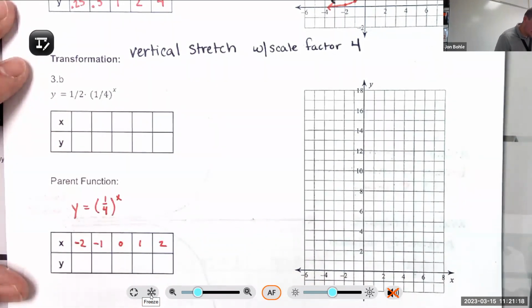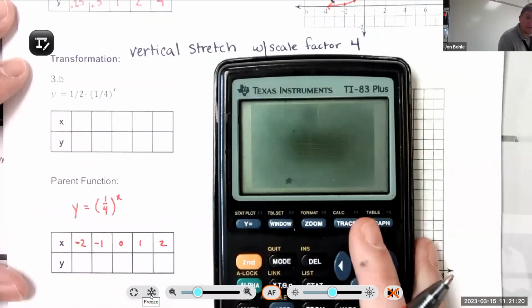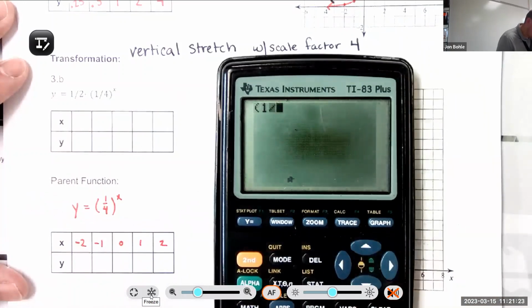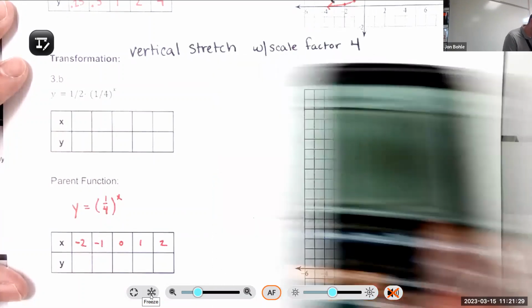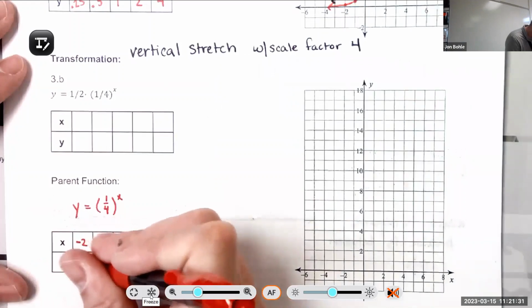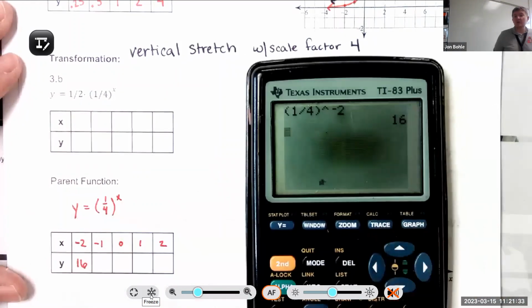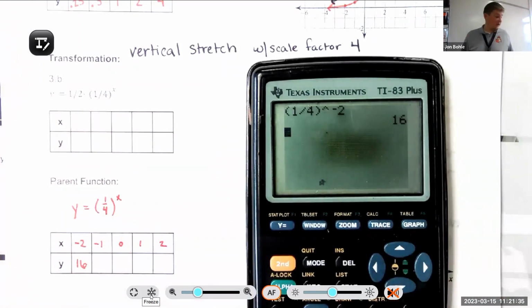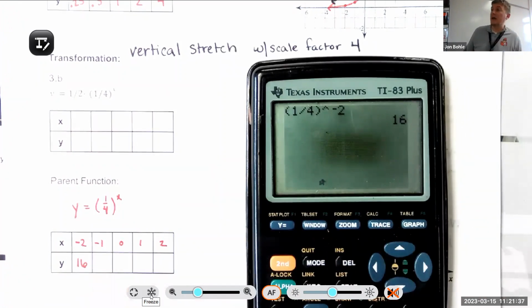And this is how you do it. You just have to put that 1/4 in parentheses. So that 1/4 to the negative second power, that's going to give me 16. So what I would like everybody to do between now and lunch is try to finish up this parent function. And then at that point, you have a little break until we go to lunch, okay? Which is only a couple minutes, but it is what it is.